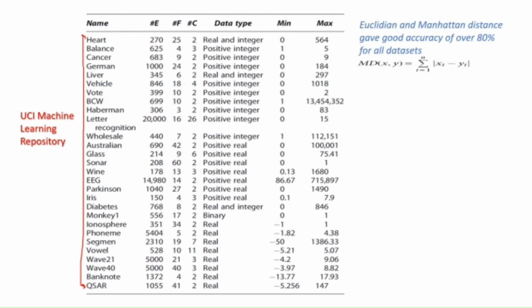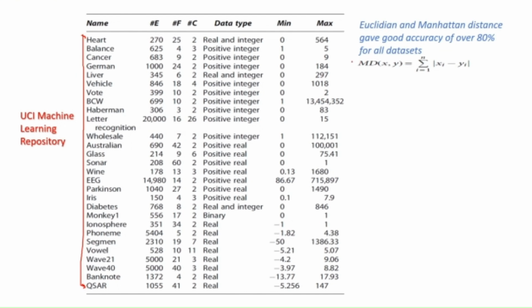So point number 1, Euclidean and Manhattan distance, which are the most commonly used distance metrics in KNN, gave a very good accuracy of over 80%. So the minimum accuracy was 80% for all the datasets here.